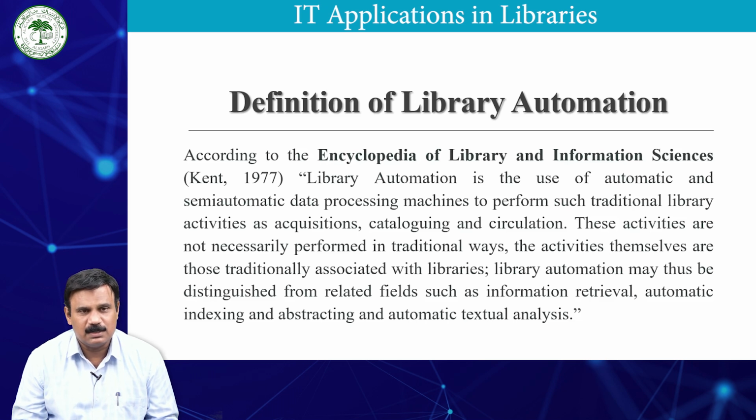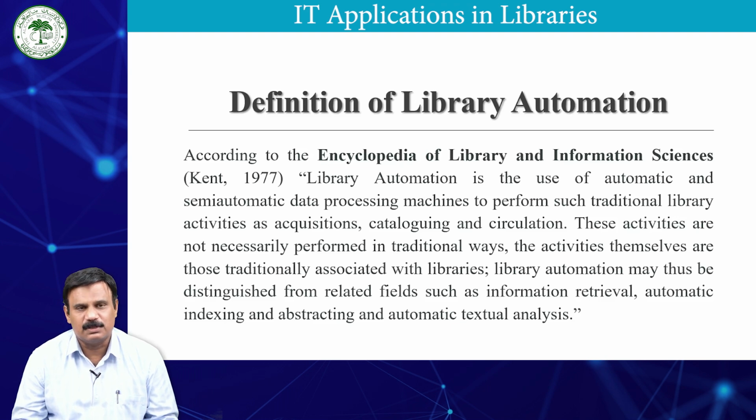These activities are not necessarily performed in traditional ways. The activities themselves are those traditionally associated with libraries. Library automation may thus be distinguished from related fields such as information retrieval, automatic indexing, abstracting, and automatic textual analysis.